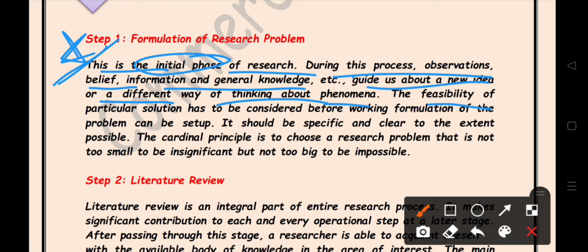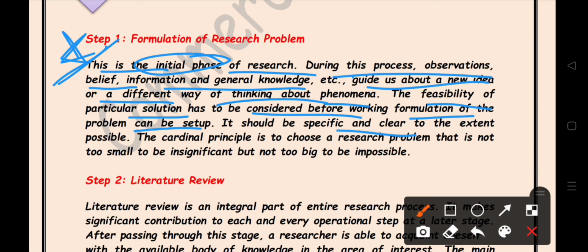The feasibility of the particular solution has to be considered before the formulation of the problem can be set up. Means only problem finding is not the thing in research. We must be aware of the feasibility, whether our research problem is researchable or not. We have to take care of that also.